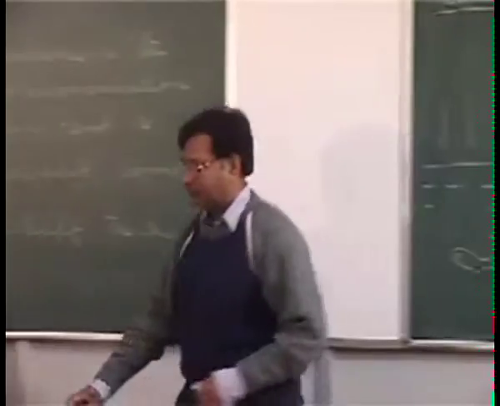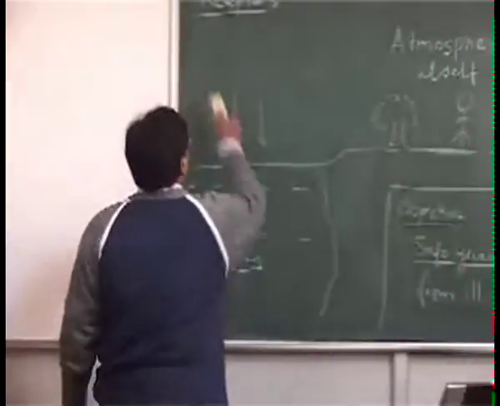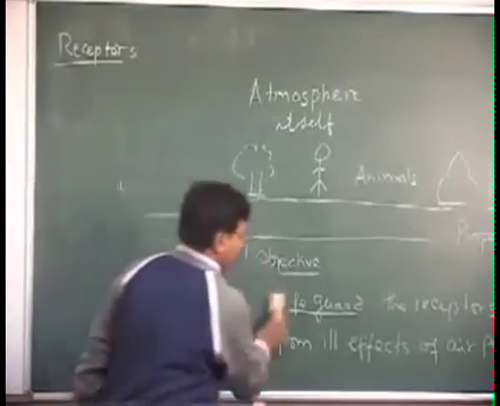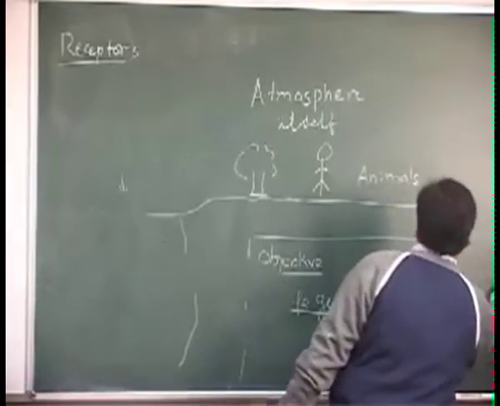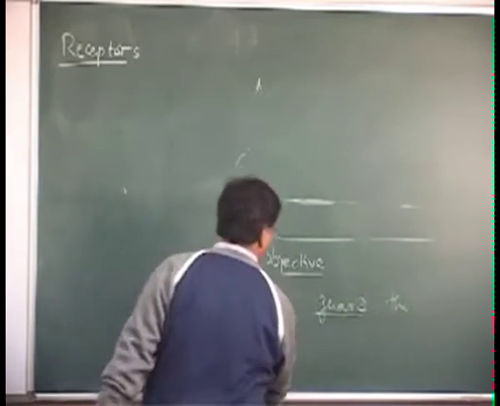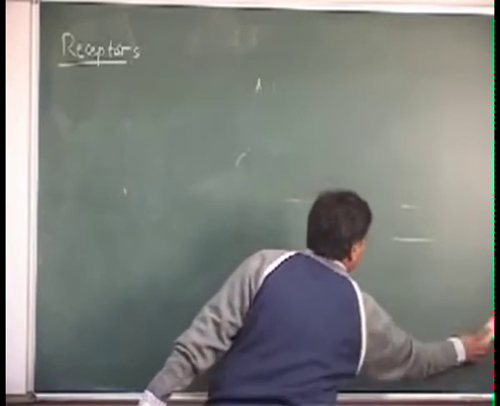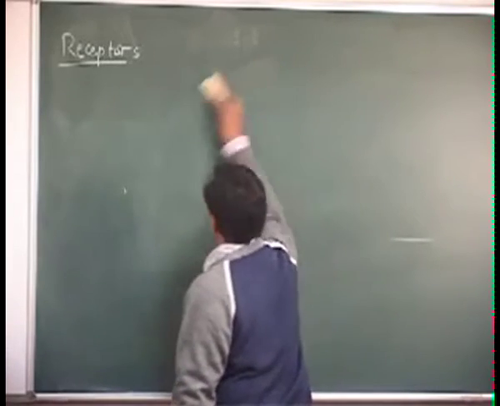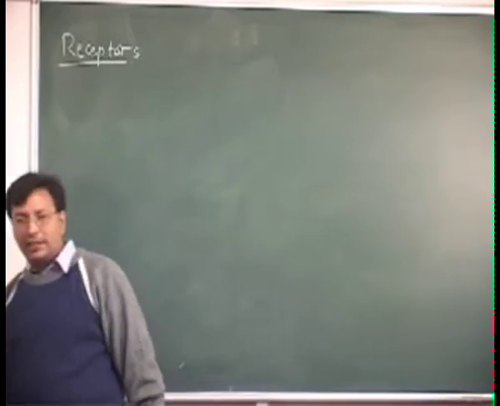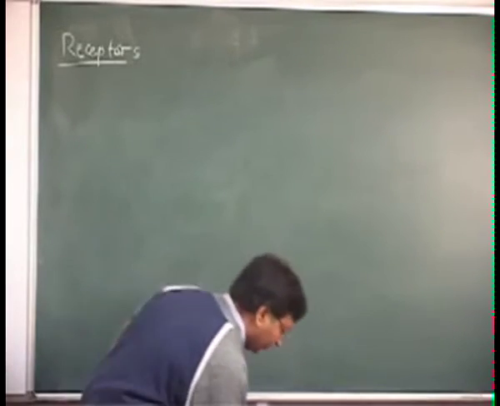So now the focus suddenly shifts to the receptor. Now we are trying to understand some kind of control. What is the key word here in the definition?